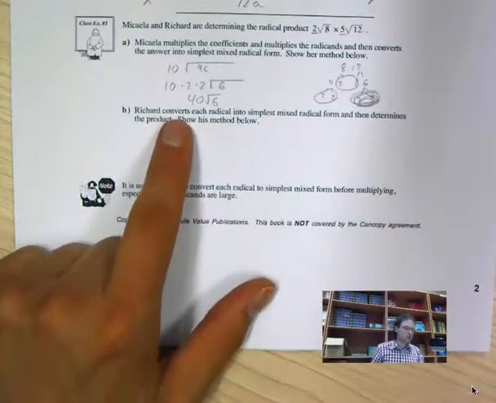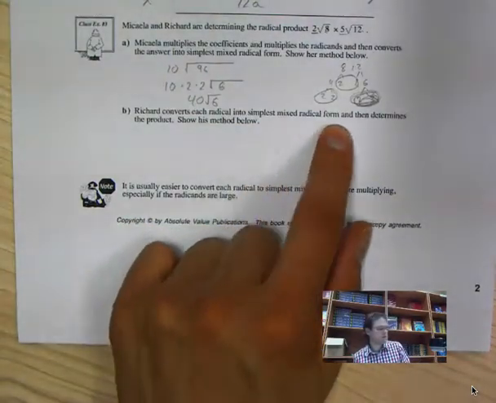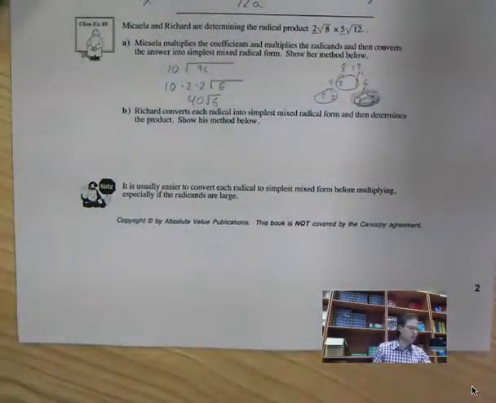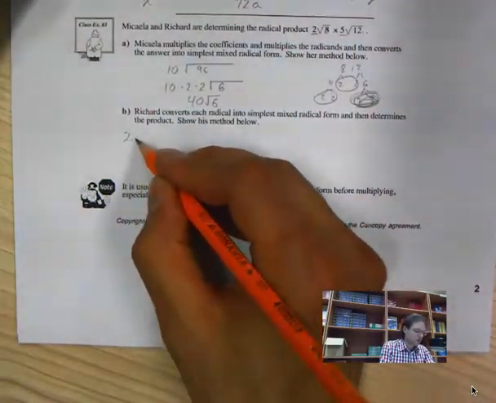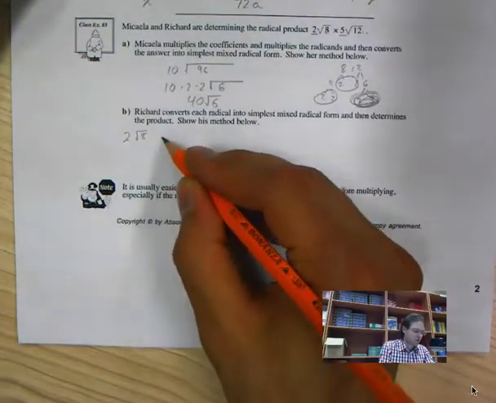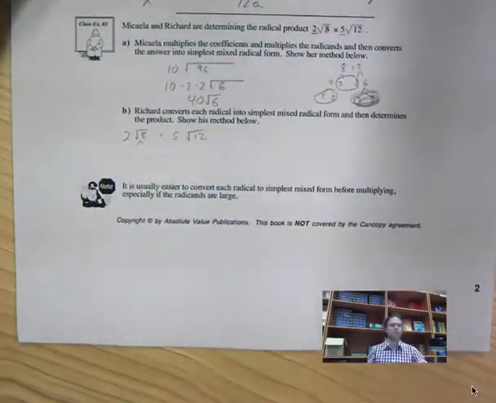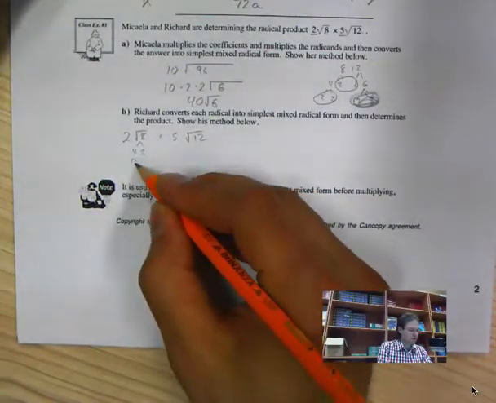Okay? Now Richard converts each radical into simplest radical form first, and then determines the product. Okay, so Richard does this first. So he goes 2 root 8 multiplied by 5 root 12. So let's break this down. This is the same as 4 and 2, 2 and 2.